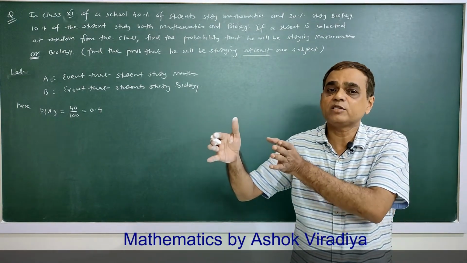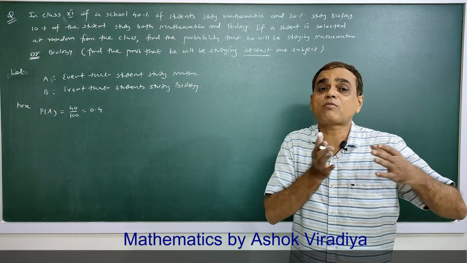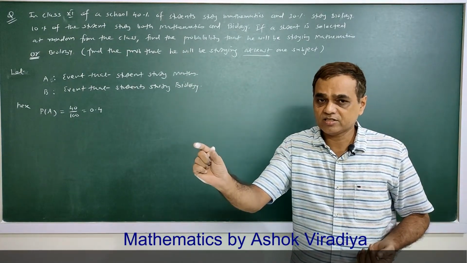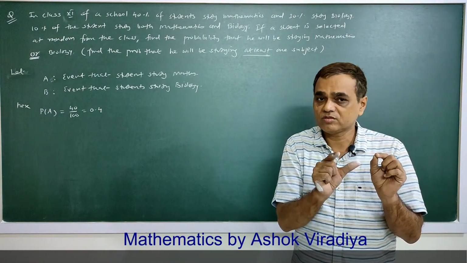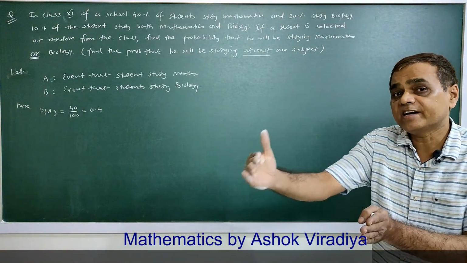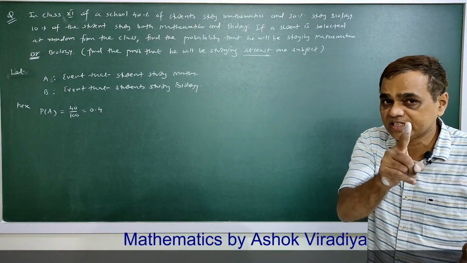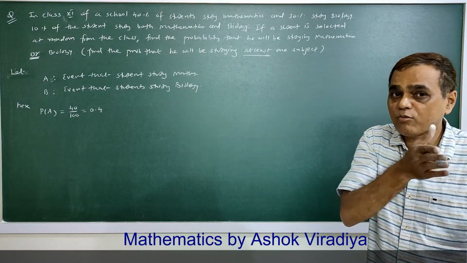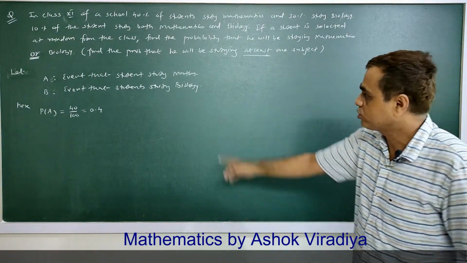If anything is given in percentage, then that value can be spoken in probability also. 40 percentage means probability is 0.4. In percentage, we take a base of 100. In probability, we take a base of 1, so it's nothing but 40%, that is 0.4.